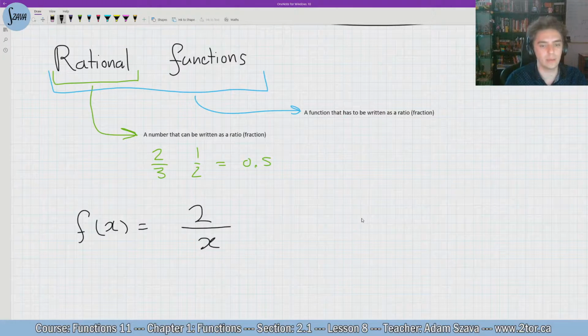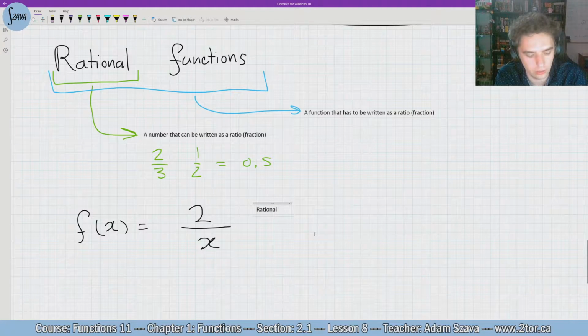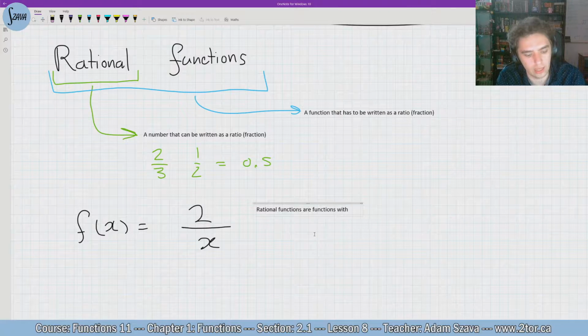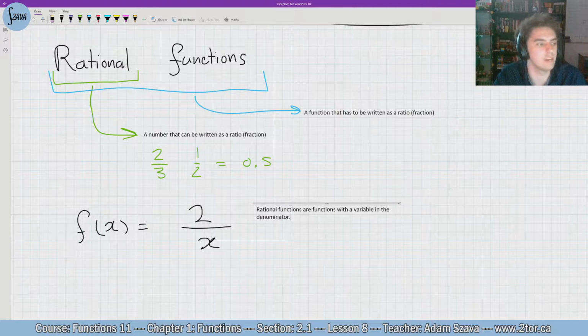So we see here that we have these fractions helping us along. So the definition I'm going to put here is: rational functions are functions with a variable in the denominator. Okay, a variable in the denominator.